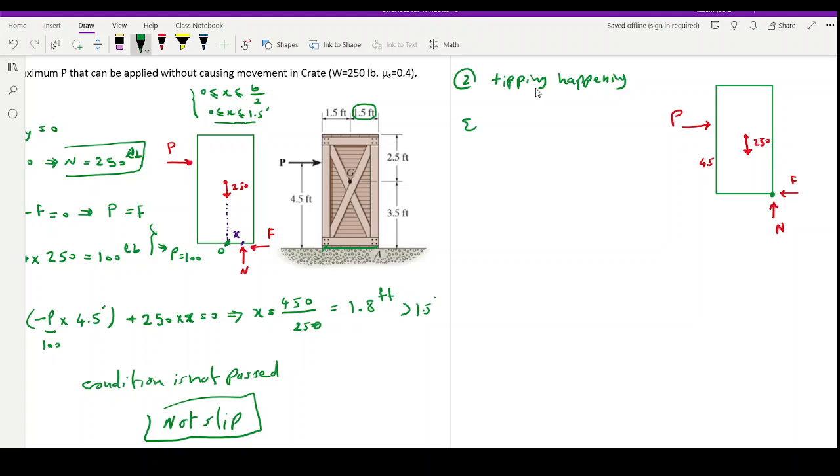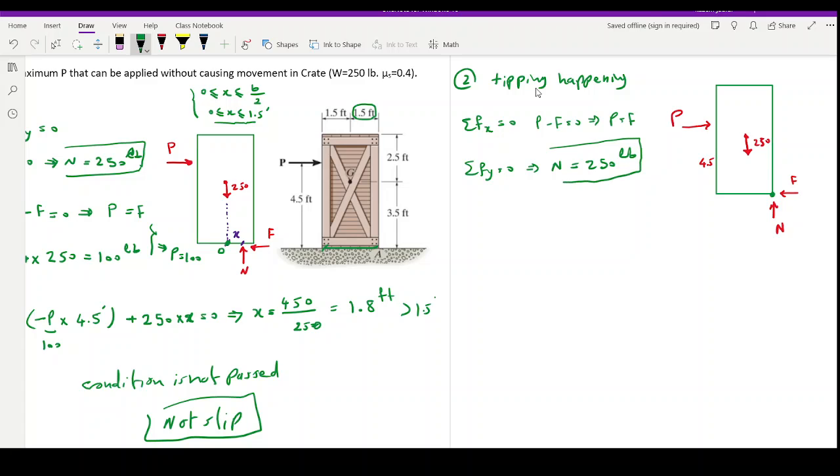So again, equations of equilibrium. Sigma Fx is 0. From there, we say that P minus F is 0. Again, P is equal to F. Let's keep it. Sigma Fy is 0. Again, from there, we can say N is equal to 250 pounds.